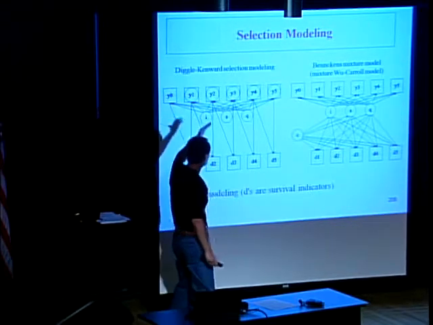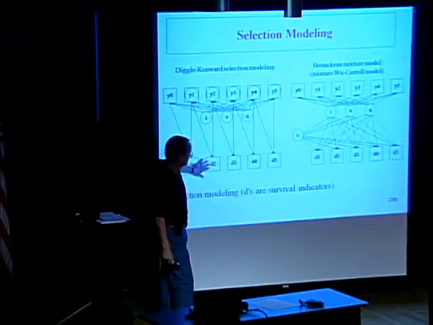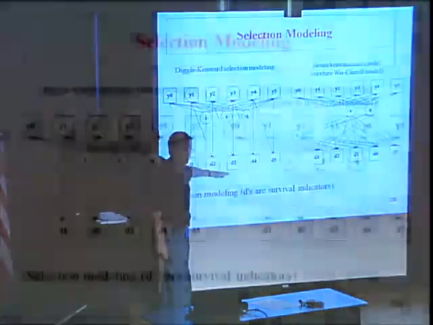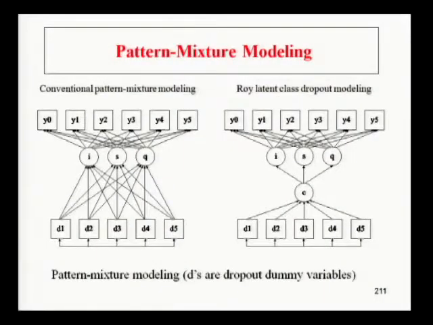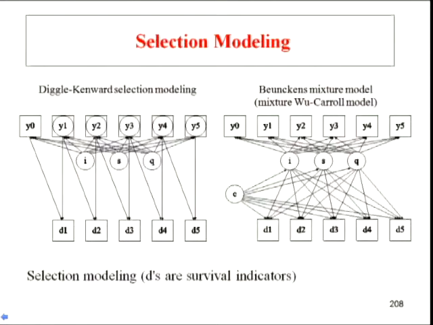On the left, the dropout information is a dependent set of variables predicted by Y, which is very relevant. Why, if you're depressed, medicine doesn't work, you drop out. That makes sense. But pattern mixture turns it around. I think that's Rod Little's favorite. Missingness influences y. So the arrows go in the other direction.